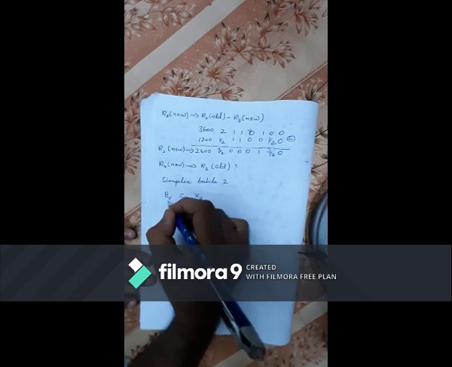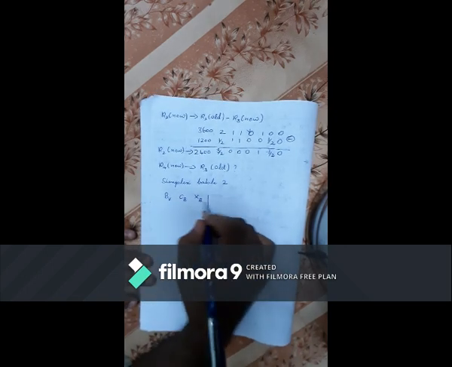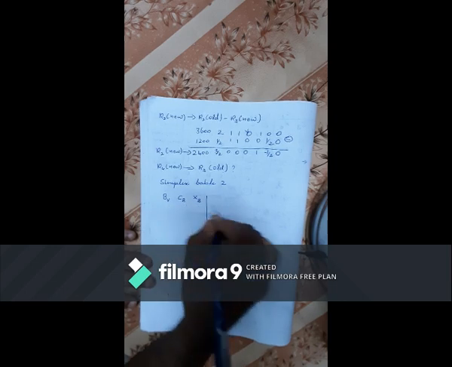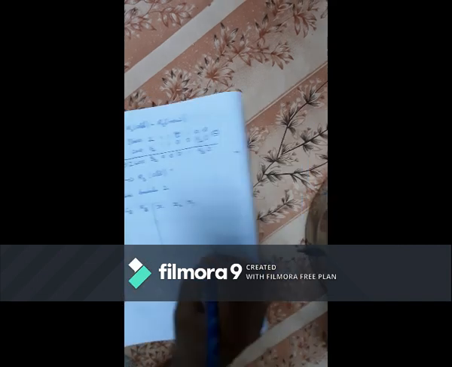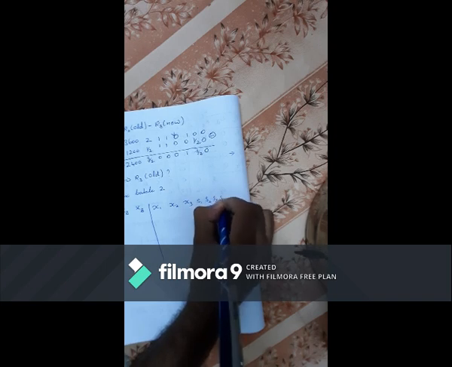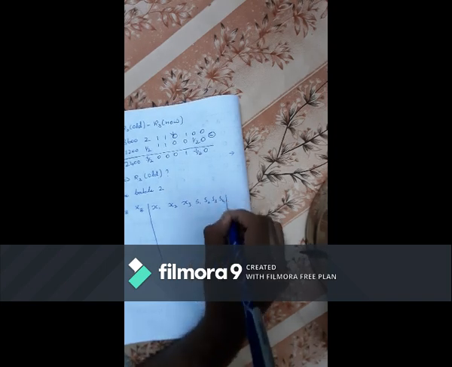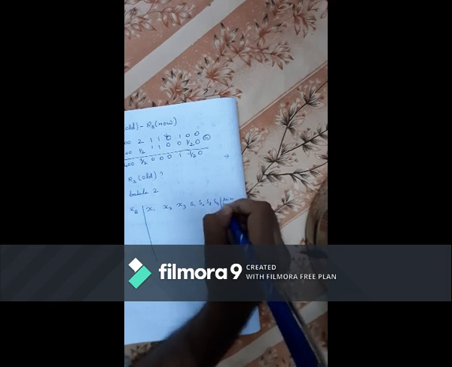So here VB, CB, XB, X1, X2, X3, S1, S2, S3, S4, minimum ratio.